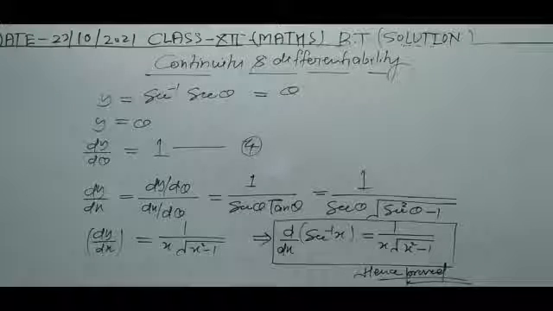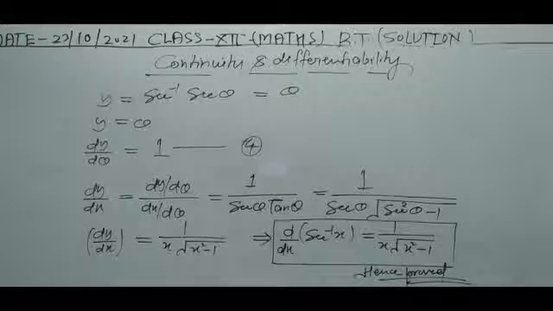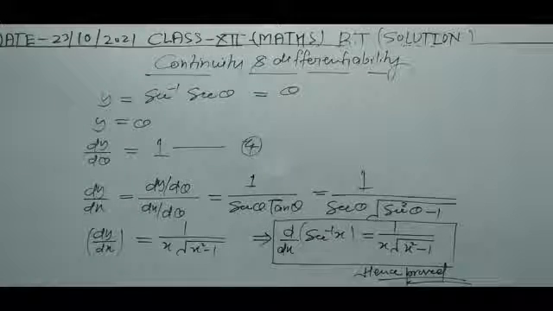You can see the given function was sec inverse x, and we have to eliminate the inverse type. So to eliminate this inverse function, we have to convert it into a single or simple function.